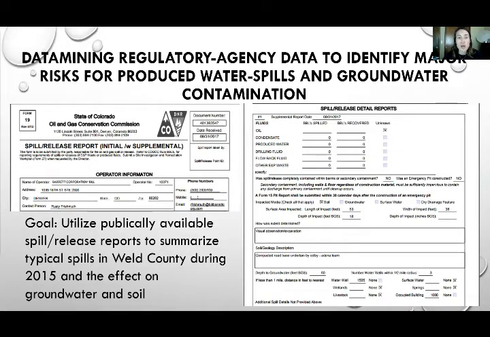So I'll just point out a few different things here. You can see they say how many barrels are spilled and what type of material is spilled. And they also say if any barrels were recovered. In this example, it was oil, and they do not know how many barrels were spilled.